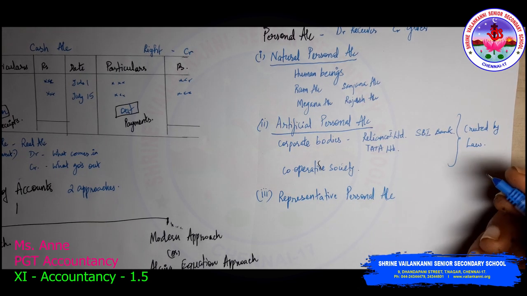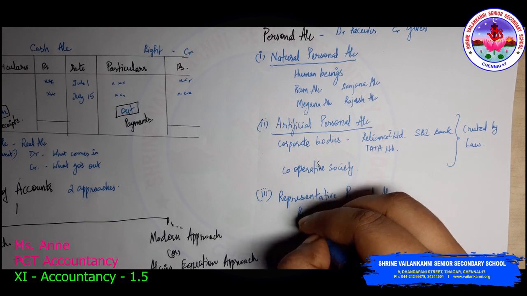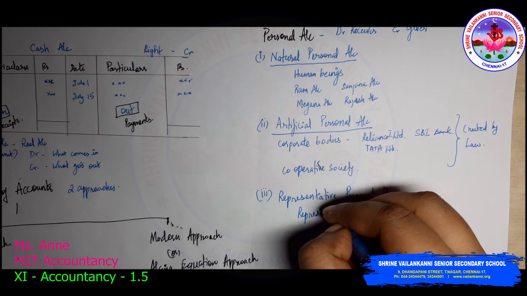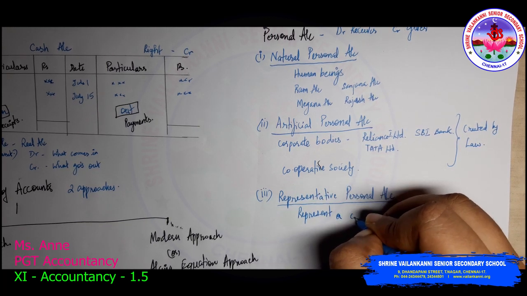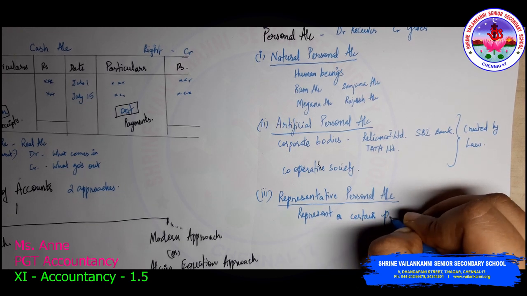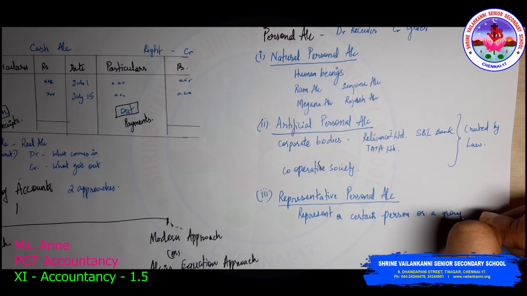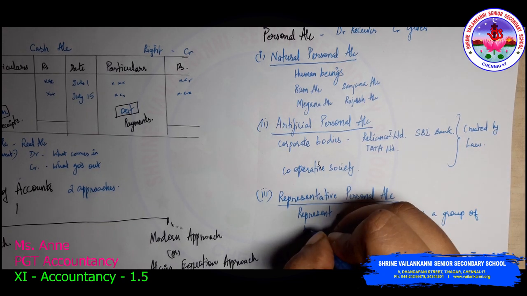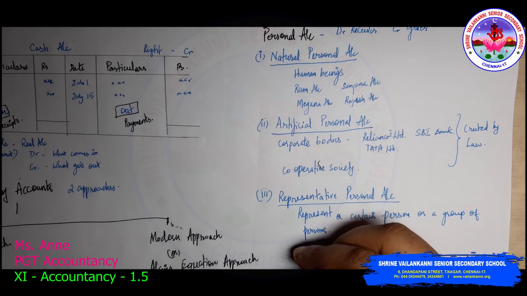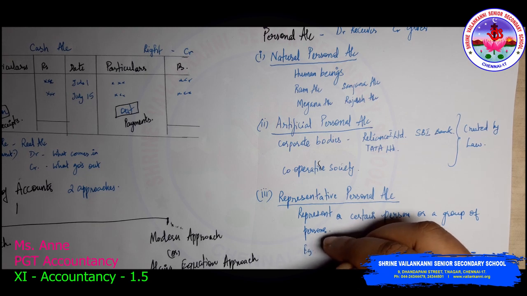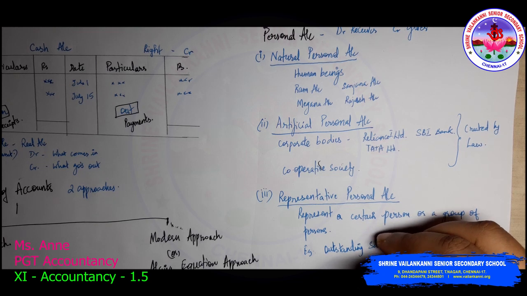Representative personal accounts represent a certain person or a group of persons. For example, outstanding salaries.